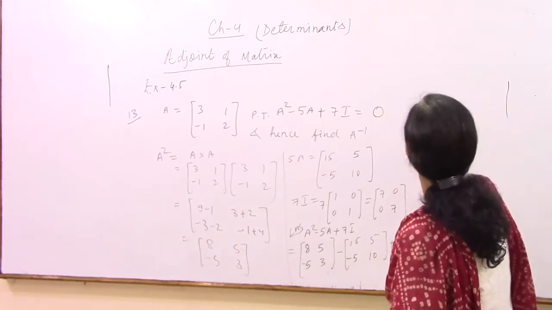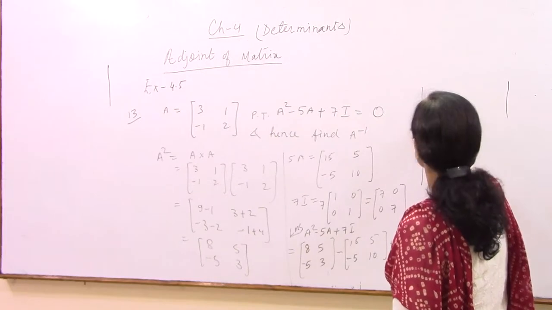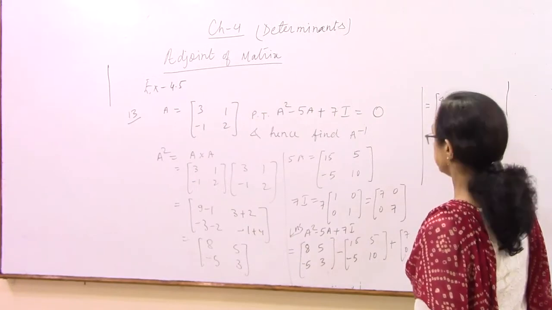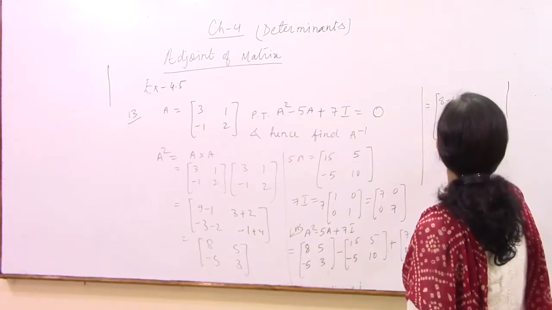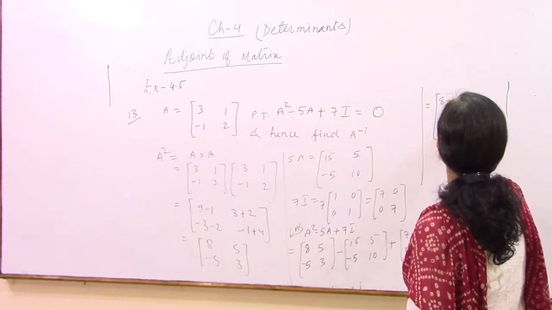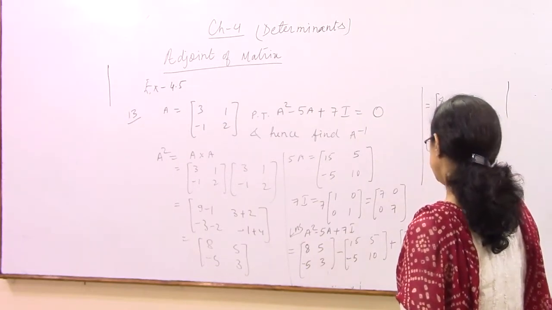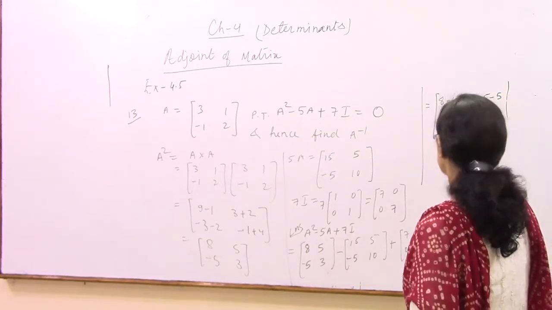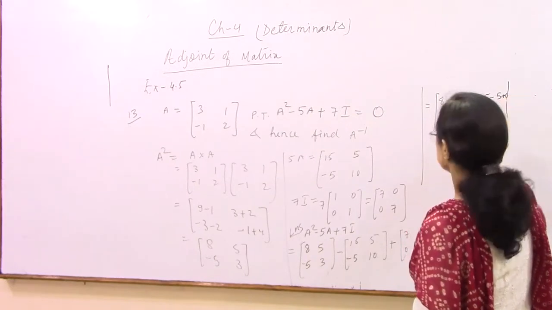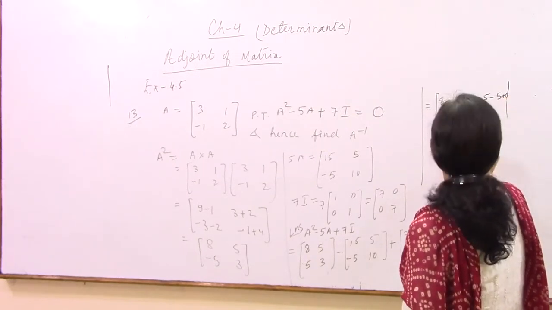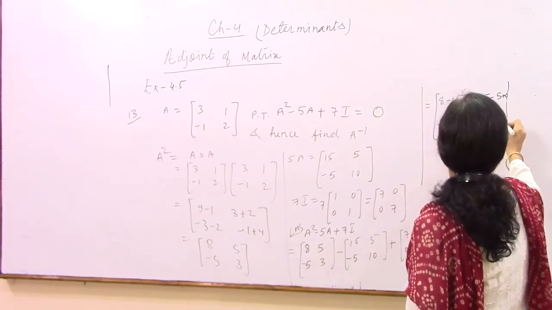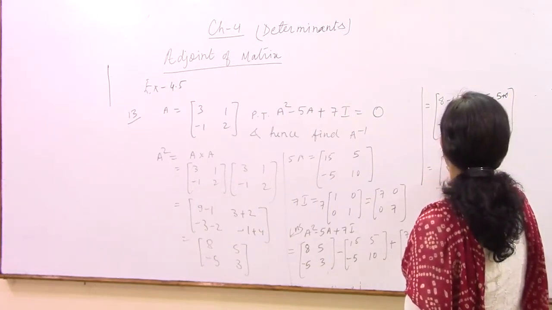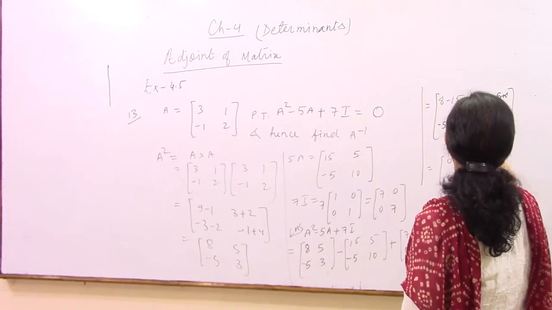Adding these three matrices, we have 8 minus 15 plus 7, then minus 5 plus 5 plus 0, then 5 minus 5 plus 0, then last 3 minus 10 plus 7. This is equal to [0, 0; 0, 0], that is null matrix of order 2.